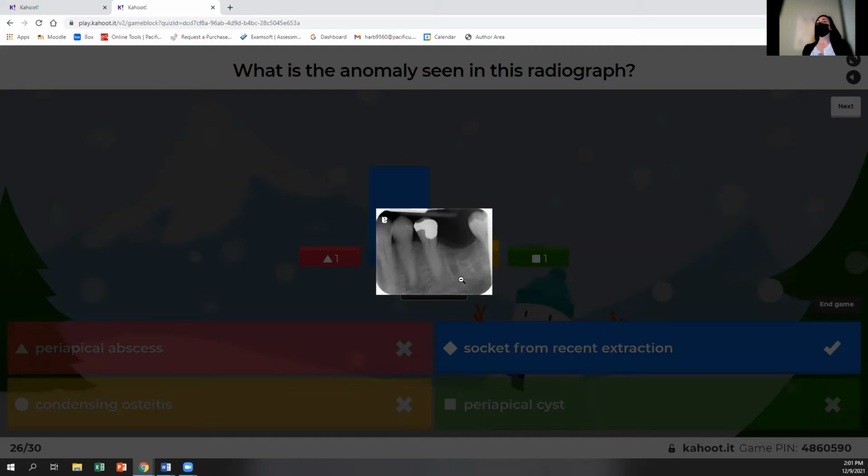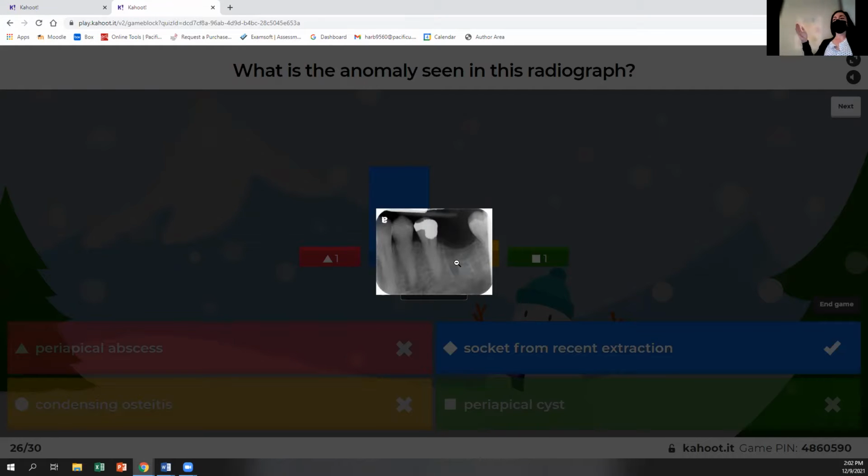Do you see how you can see the outline of the roots? So it's not really an anomaly per se, but in your book that's how you learned about it, as something to note in the x-ray. As clinicians, your mind has to easily say, this is normal, this is abnormal.